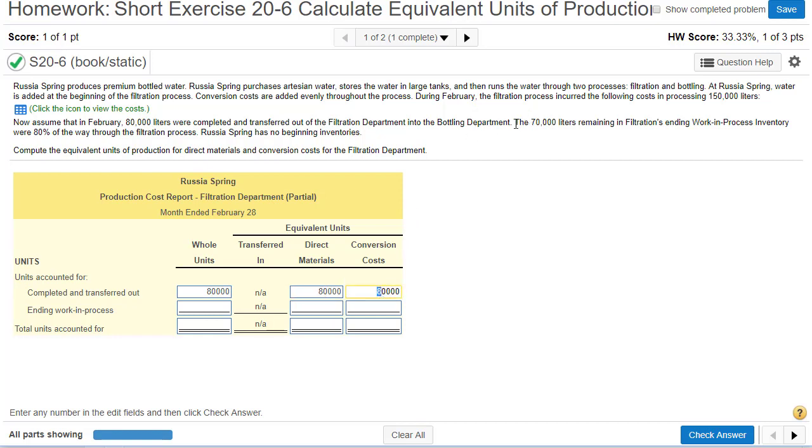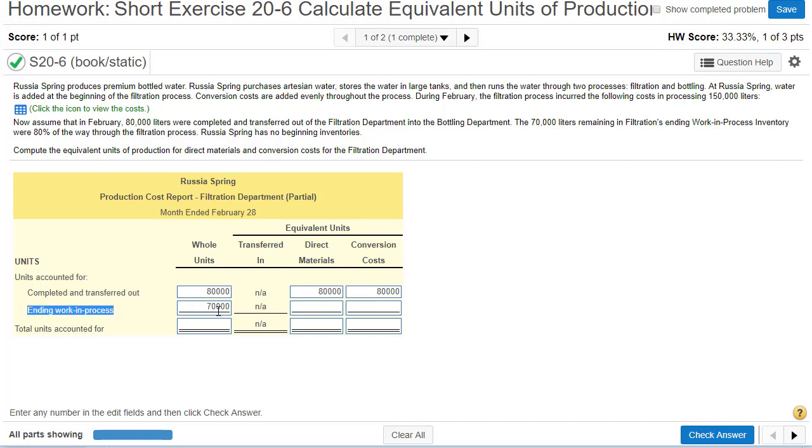All right. Now, we get to a little bit more complex part of the problem. The 70,000 liters remaining in the filtration's ending work in process. So this 70,000 means that there's 70,000 units in the ending work in process.